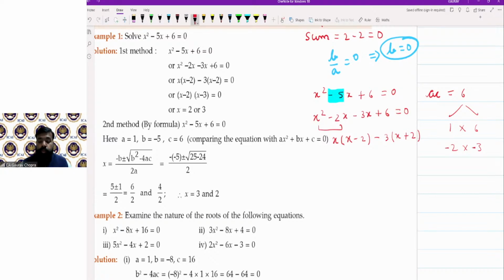So यहाँ पर sign आएगा minus. So it is x minus 2. Now again we can take common. X minus 2 and x minus 3 will be equal to 0. So therefore we will get x equals 2 and x equals 3. So these are the two results of the equation. So these are known as the roots of the equation. Okay.